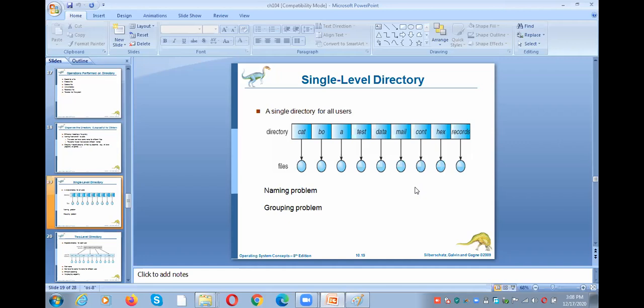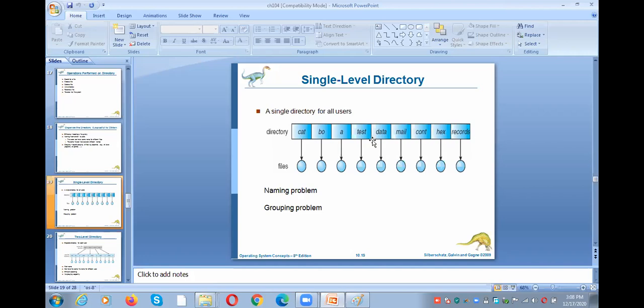So if you observe here, there is only one level of directory for all the users. All the users are using only this directory and these are the files. So what is the problem? I already told you, naming problem. Two file names should not be the same. If you observe here, this is cat, bo, a, test, data, mail, cont, hex, records.